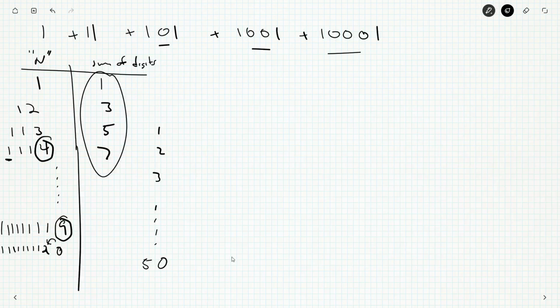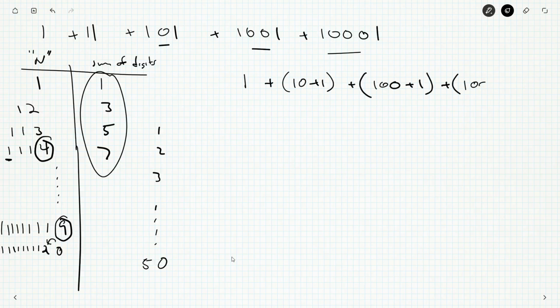So I think it might be wiser for us to separate this and say, okay, this isn't just 1 plus 11 plus 101. This is 1 plus 10 plus 1, plus 100 plus 1, and separate it out. Eventually here would be 51 zeros.